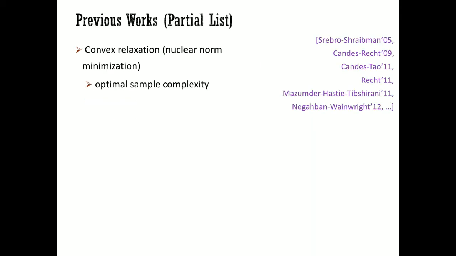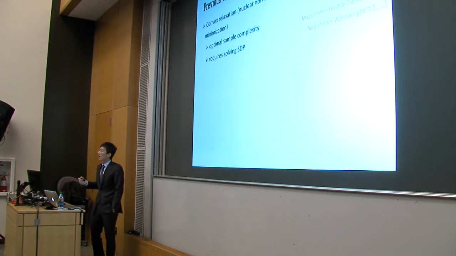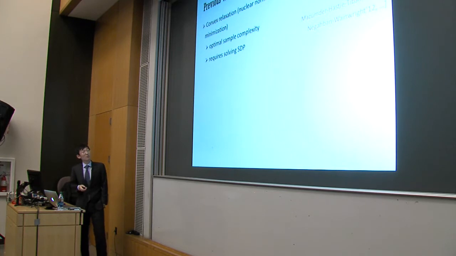There have been a lot of beautiful papers on using convex relaxations or nuclear norm minimization to solve this problem. This has the strongest theoretical guarantees with optimal sample complexity. However, the only drawback is that it often requires solving a semi-definite program, which means that the runtime is a little bit slow. So in practice, what people often do is use non-convex optimization like stochastic descent or alternating least squares to solve the problem.